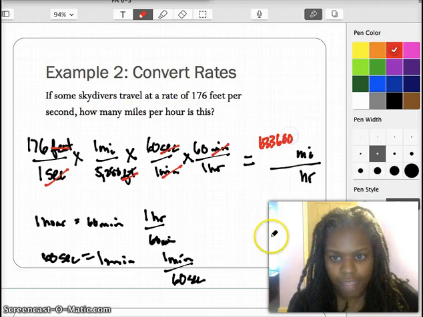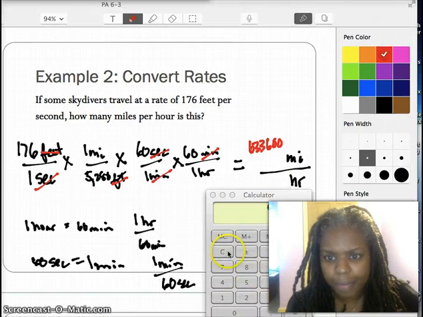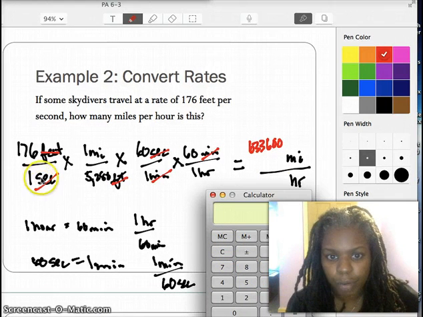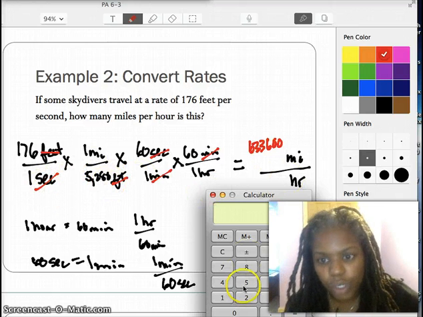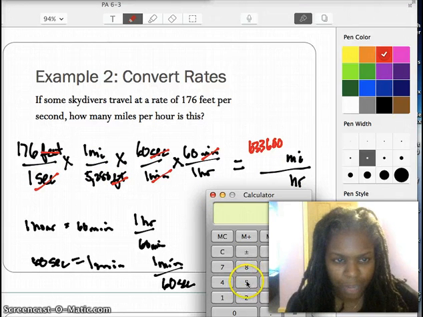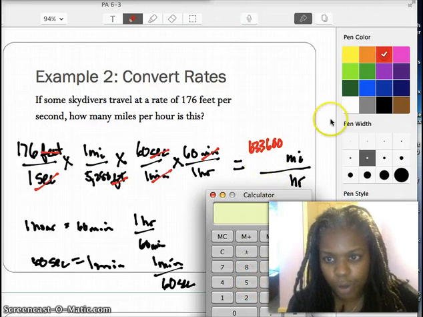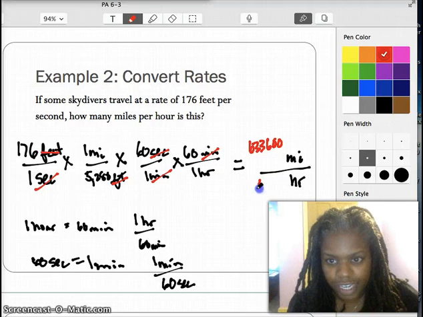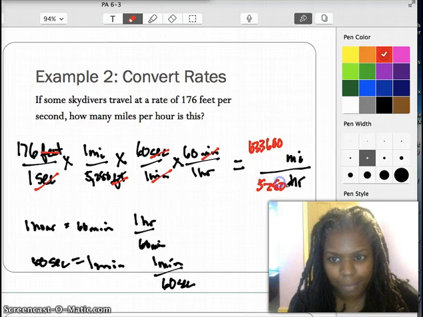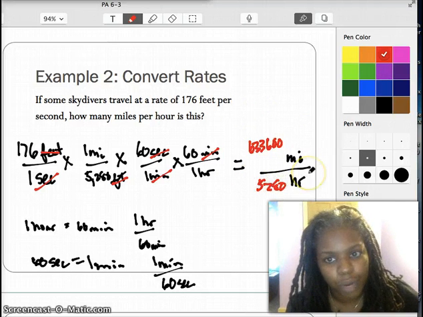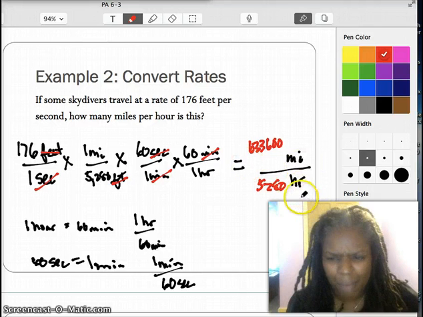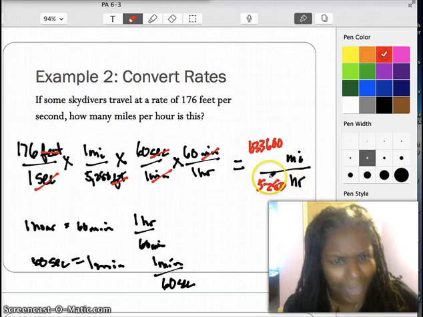And then let me get my calculator back again. I'm going to now multiply the denominator. 1 times 5,280 times 1 times 1, which is really just 5,280. I don't have to multiply that. So I'm going to go ahead and put my 5,280 at the bottom, but obviously, this isn't a unit rate. We want to know miles per hour, not miles per 5,280 hours.